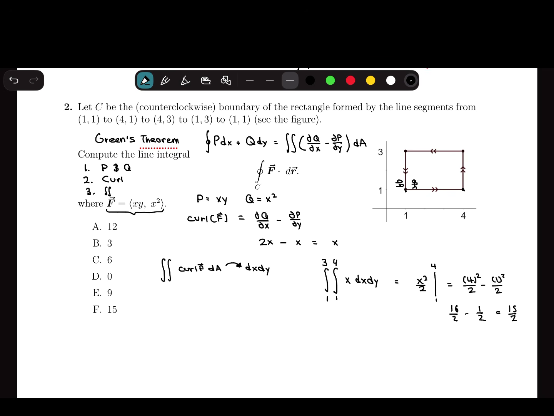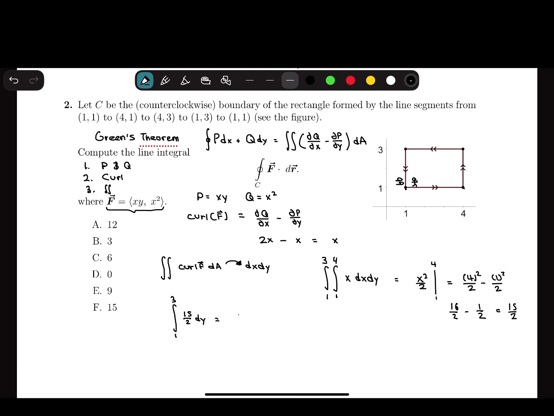Okay, so now, if we move over here, we have to do the y part, which is from 1 to 3. We're integrating 15 over 2 with respect to y, which simply gets us 15 over 2 y from 1 to 3.